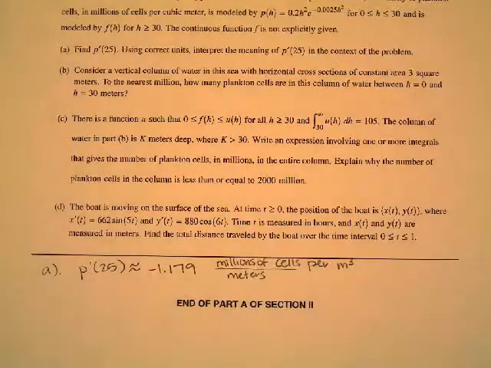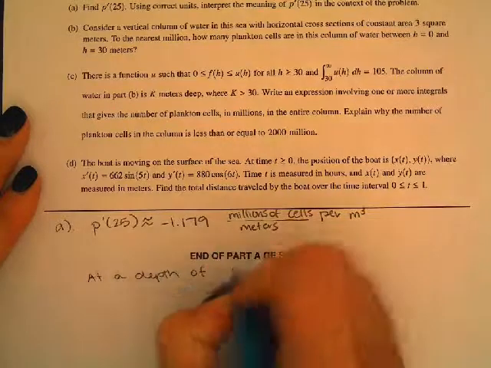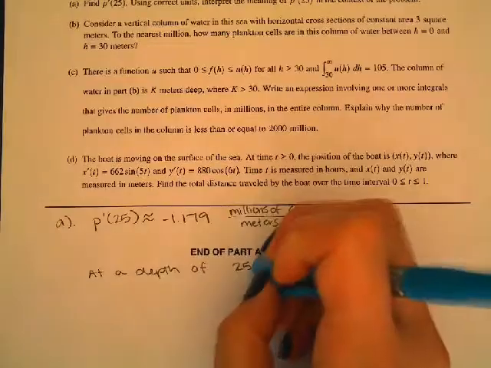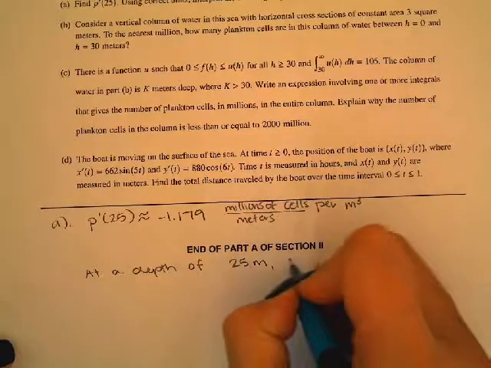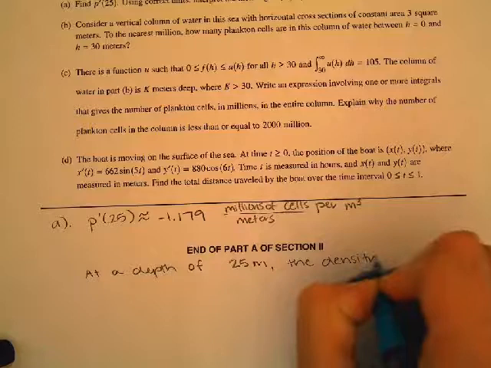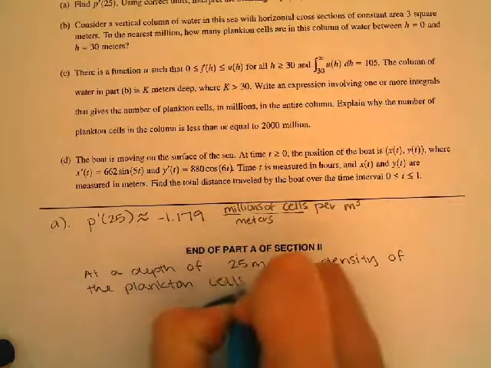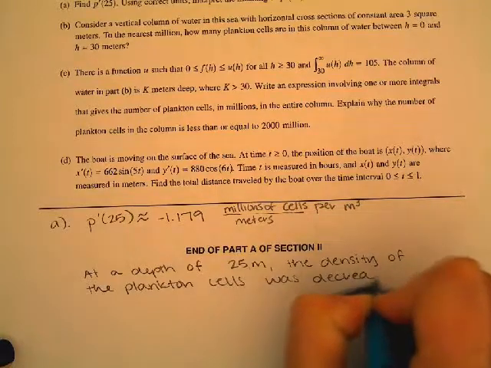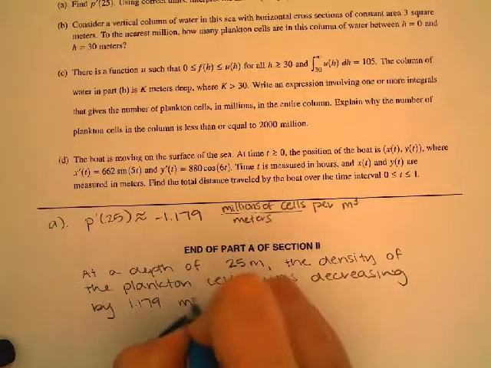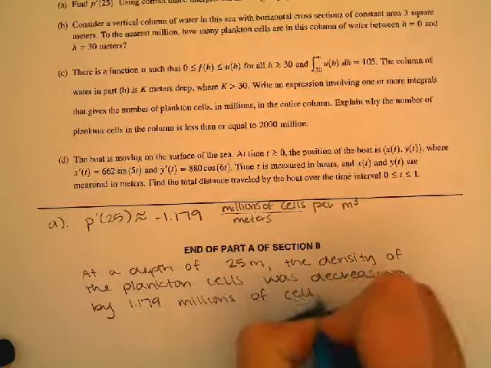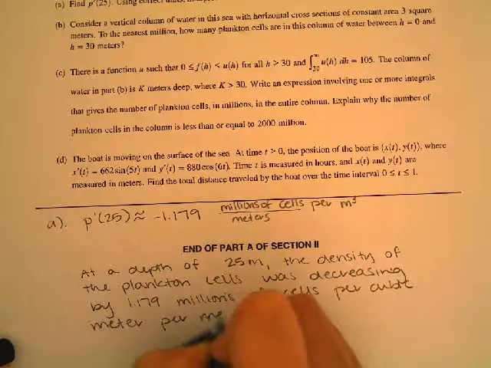Okay, so we're going to say that at a depth of 25 meters, the density of the plankton was decreasing by 1.179 millions of cells per cubic meter per meter.